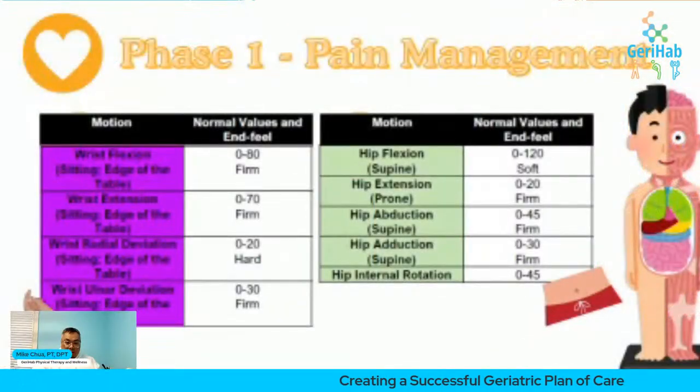It stretches the quads, it stretches the psoas muscle, and it's very tight. Their heel will not hit their gluteal area, and it's an empty end feel, and it's supposed to be firm, right? Okay. All right. Let me go back to that.